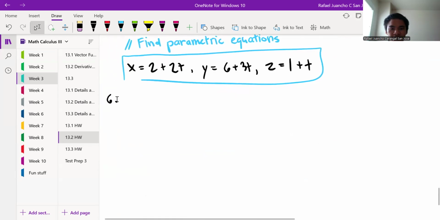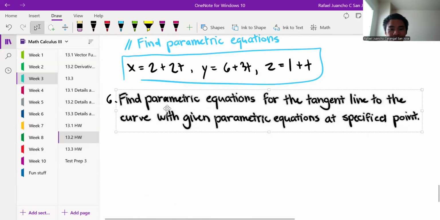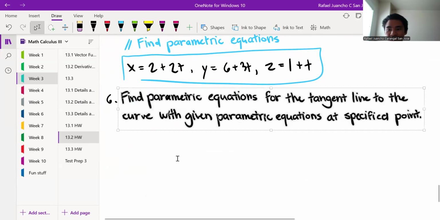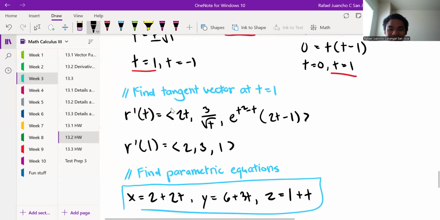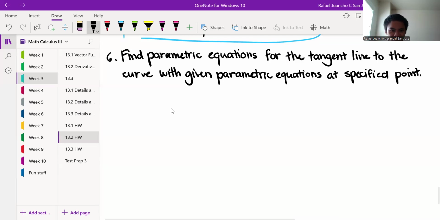Honestly, math is all about mathing. Okay, and then here you just copy my highlights. Oh, I forgot to state the givens. The given is I have parametric equations, right? These guys.